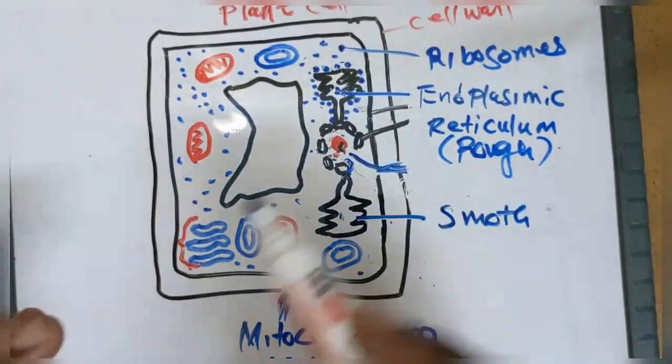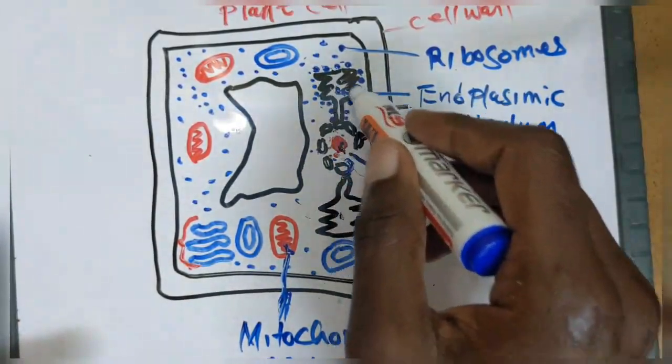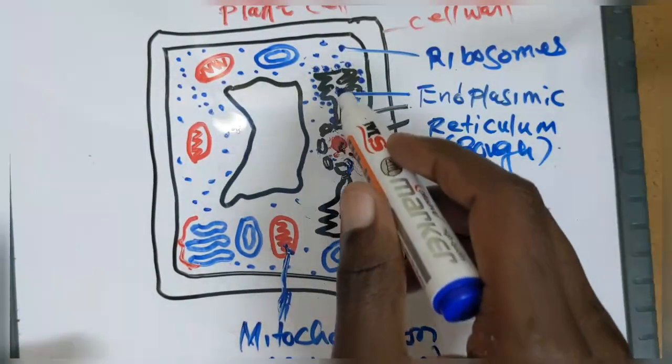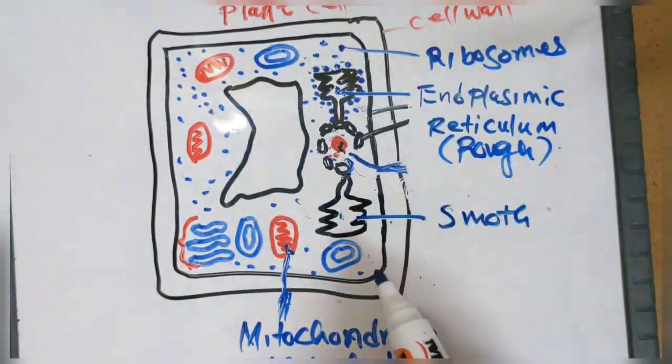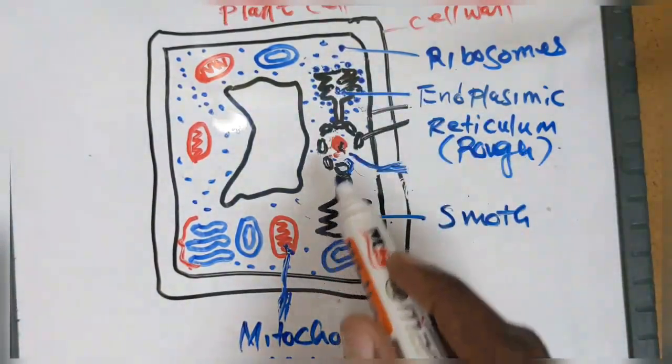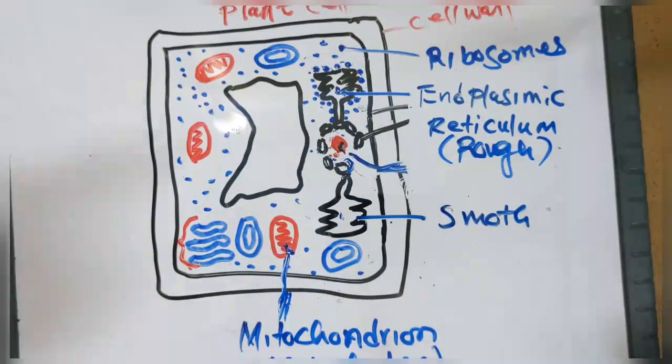Okay, so when they are made, the rough endoplasmic reticulum transfers them from the place of synthesis to the place where they are supposed to be used.